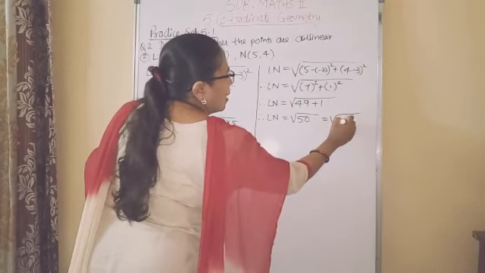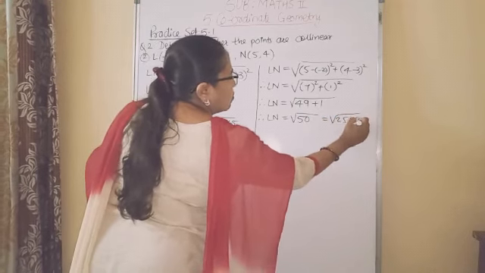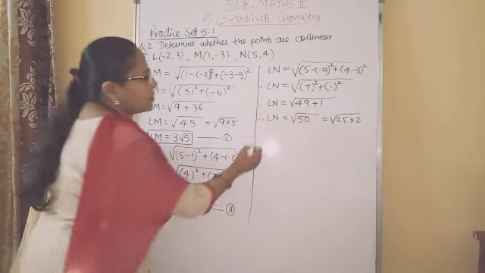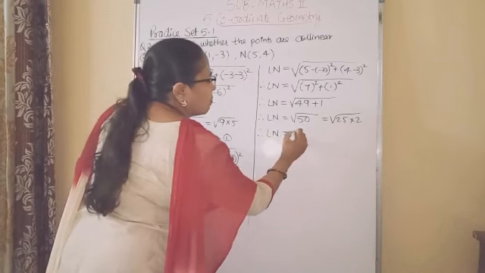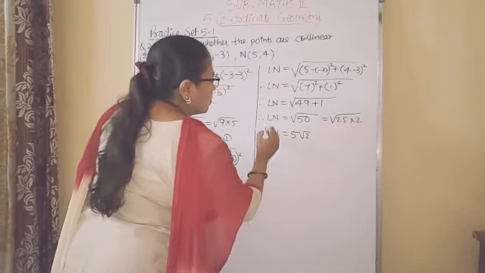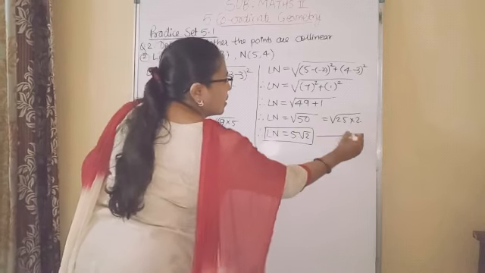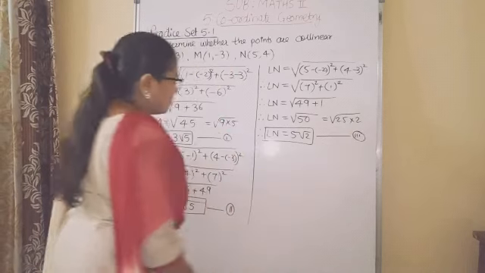Factors of 50 are 25 into 2. Therefore, LN is equal to 5 root 2. This is statement number 3.